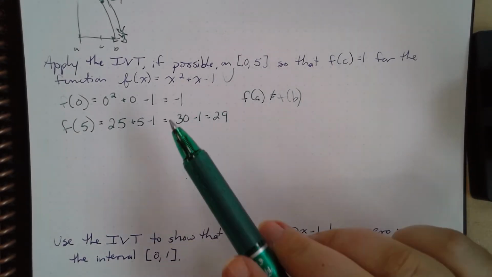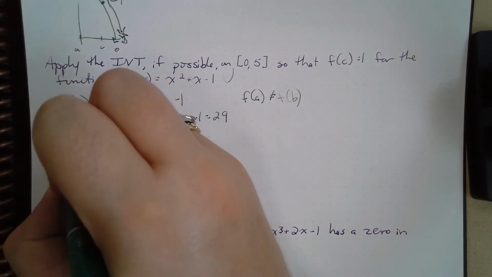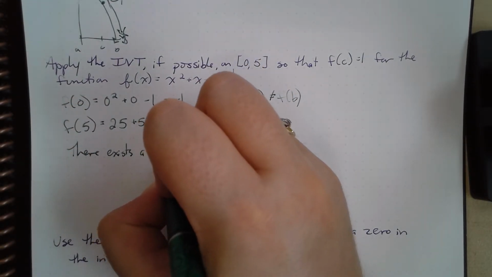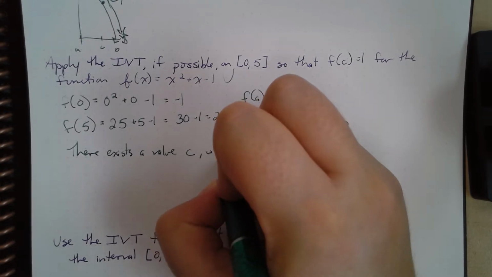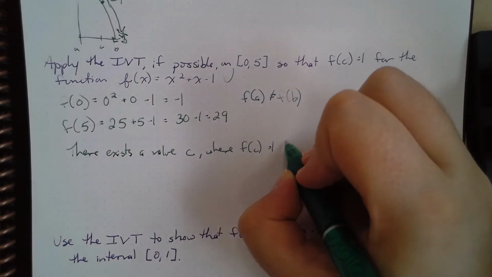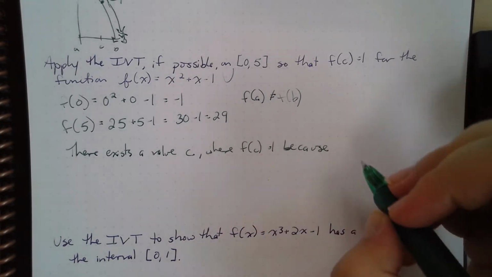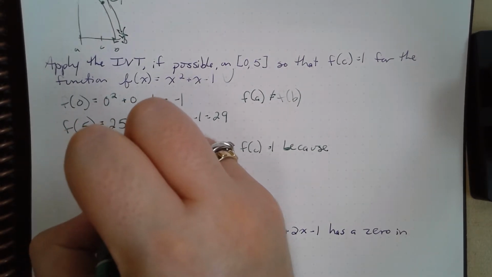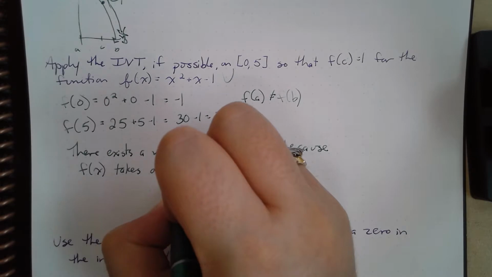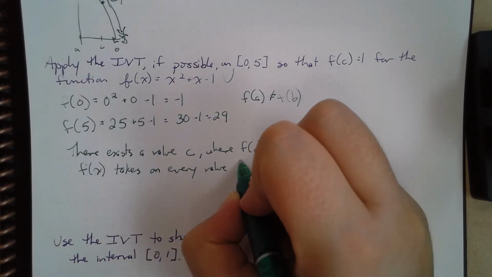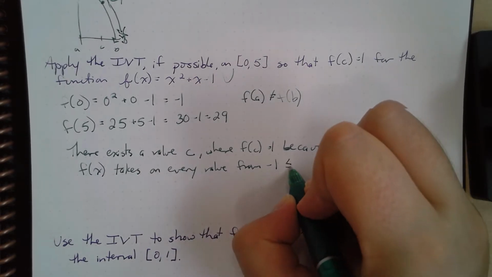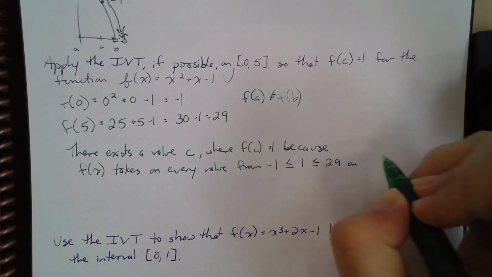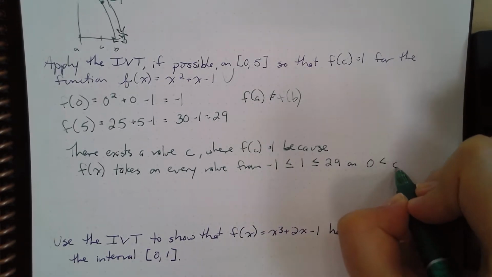Yes, there is, because there exists a value c where f of c equals 1 because f of x takes on every value from negative 1, which is less than or equal to 1, which is less than or equal to 29, on the interval 0 is less than c is less than 5.